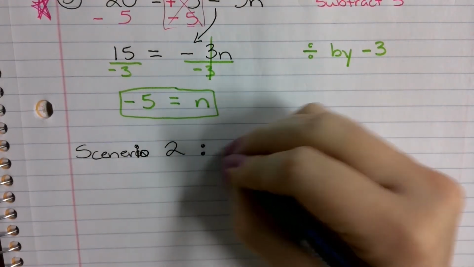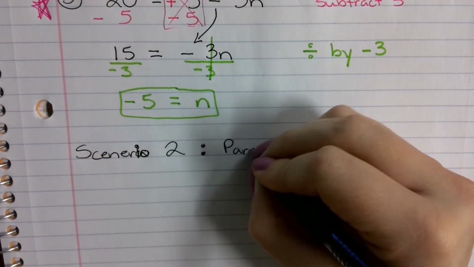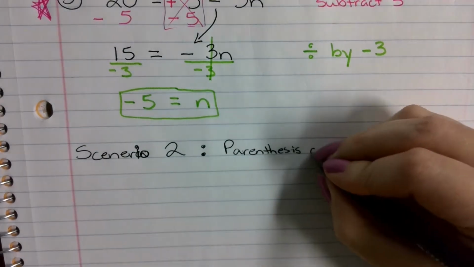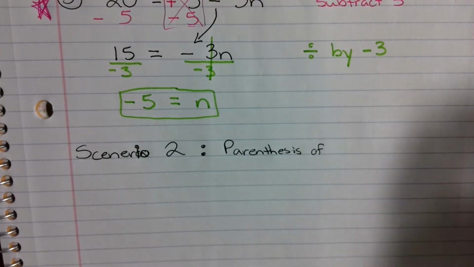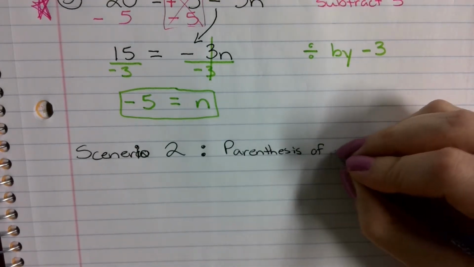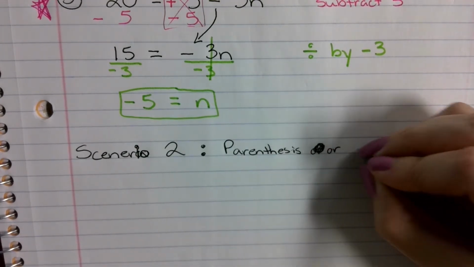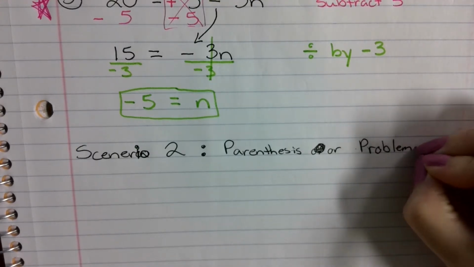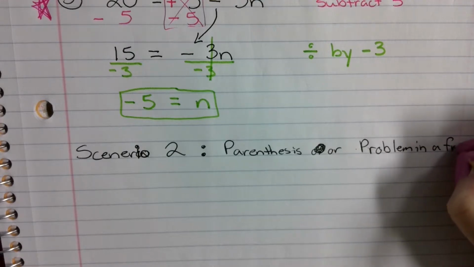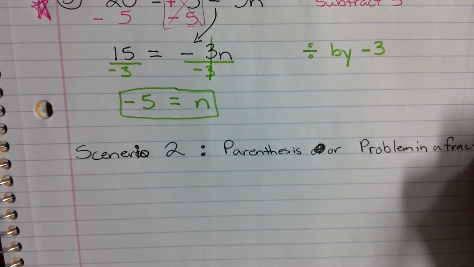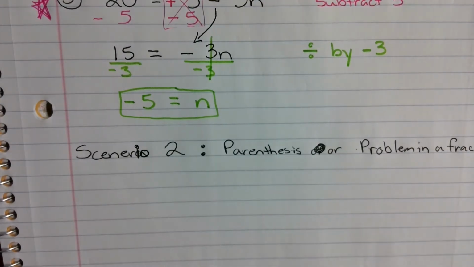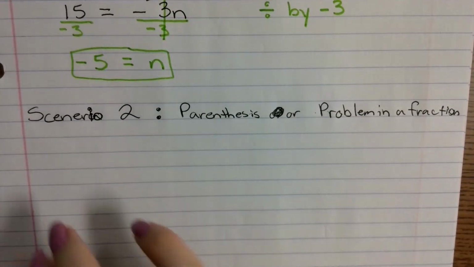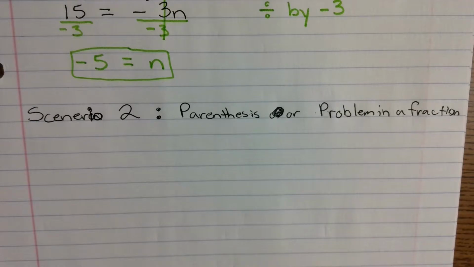With scenario 2, you're going to have either parentheses or you're going to have a problem in a fraction. Not just that you have a fraction, but you actually have a problem inside the fraction, like x plus 7 is inside the fraction.